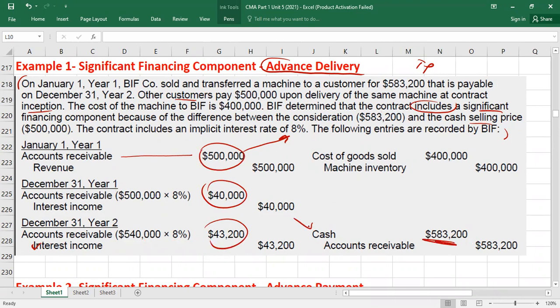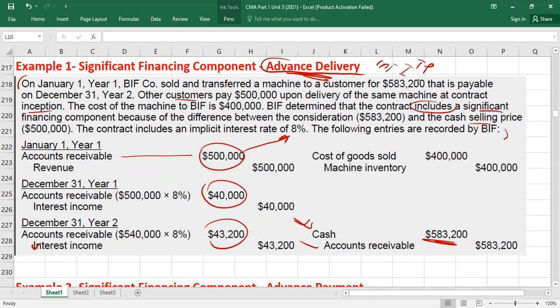You will debit cash and credit accounts receivable. This is how the transaction will be settled. This is how you deal with advance delivery, and in advance delivery, interest income will arise.